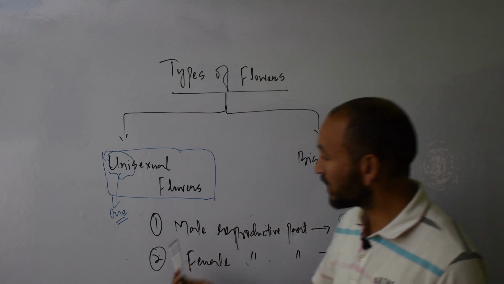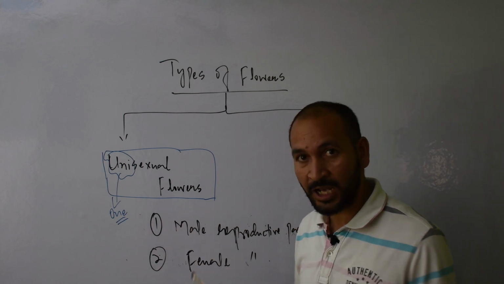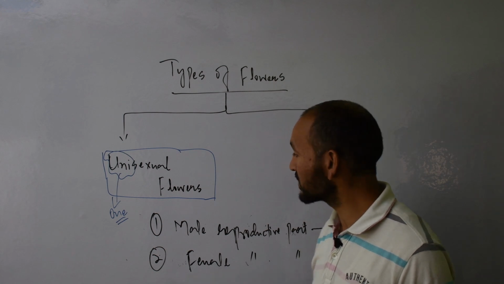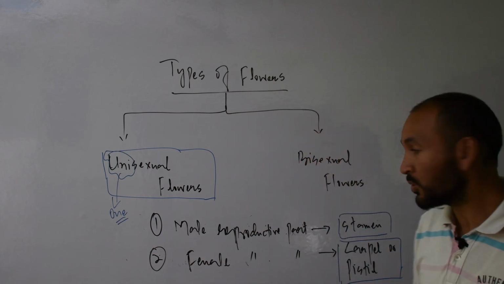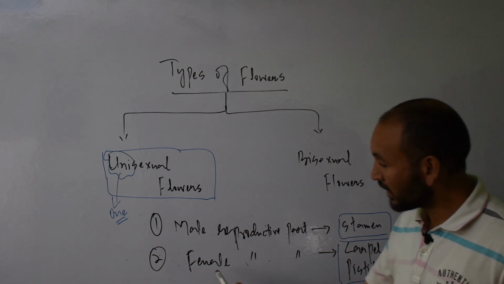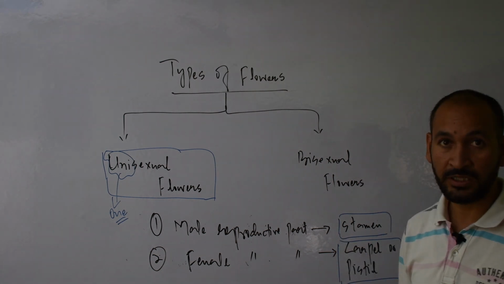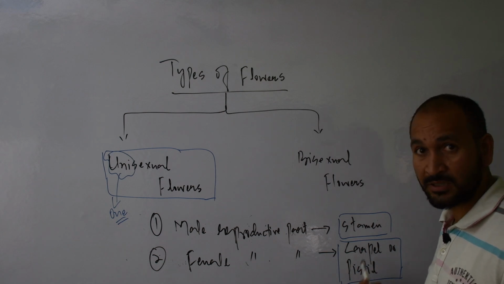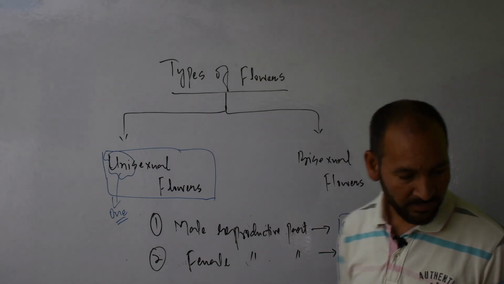Okay, so there are two different types of flowers, the male flowers and the female flowers. Male flowers do possess only the male reproductive part, that is stamen, and female flowers, okay, they possess only the carpel or the pistil, the female reproductive part.